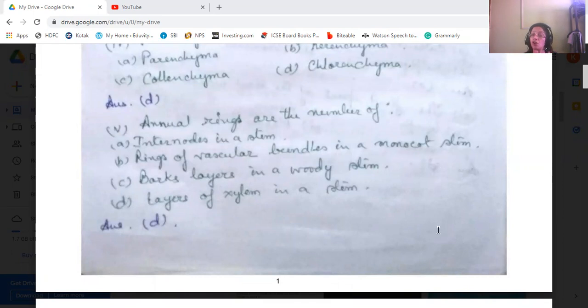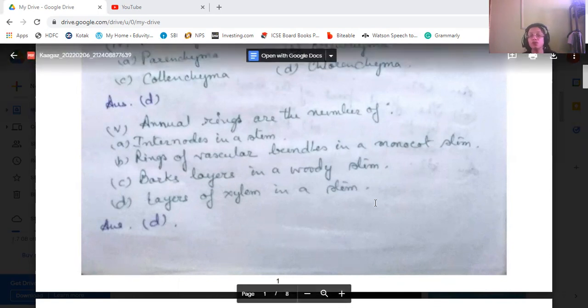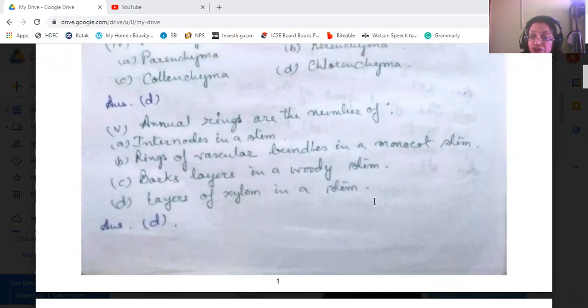It is not the internodes in a stem, nor the rings of vascular bundles in a monocot stem, nor the bark layers found in the woody stem. That is also not the correct answer. The correct answer is that these annual rings are the xylem layers in a stem, which could suggest how old the tree is.